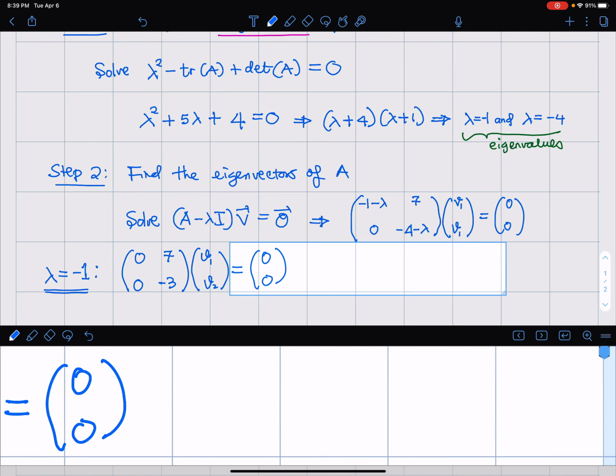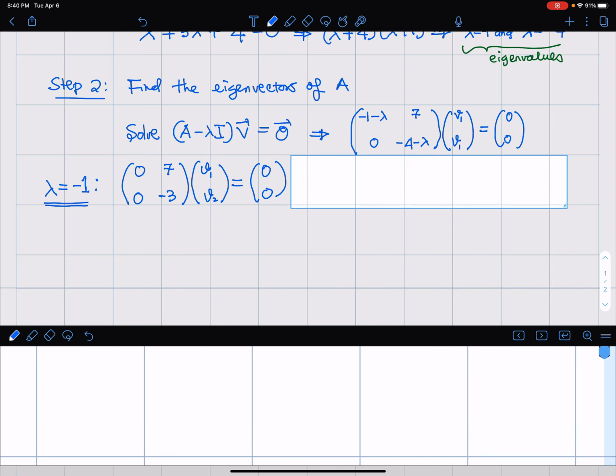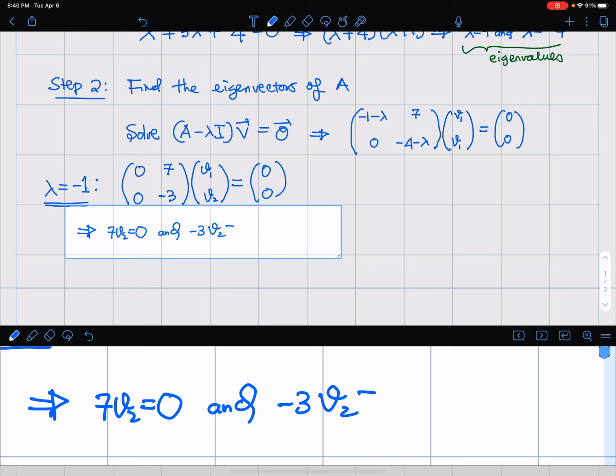This is interesting because we get two equations that look kind of simple. 7 v2 is equal to 0, and negative 3 v2 is equal to 0.